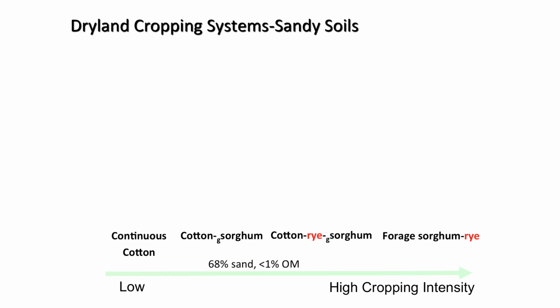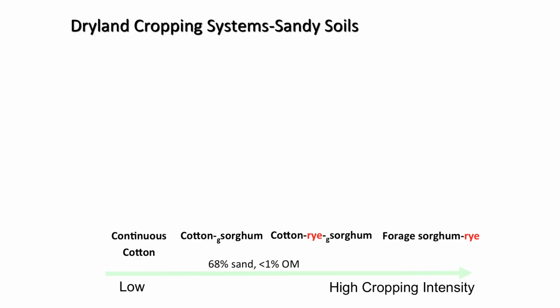And this system is not a typical producer system, but it could give us a chance also to look at how much biomass we could still add to a sandy soil and what changes we will see in the microbiome. And it will give an example of the high cropping intensity that we could see here.